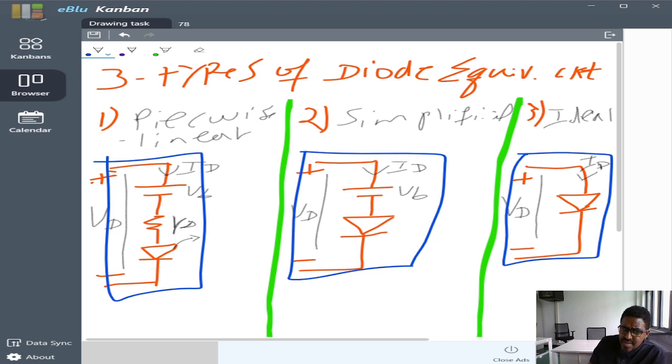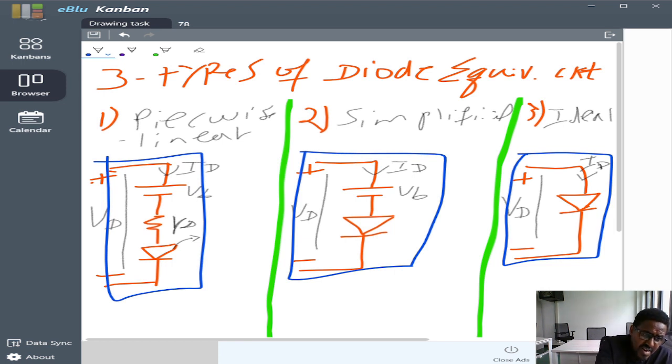So we must define simplified equivalent circuits like piecewise, simplified or ideal. We replace the device with the simple equivalent circuit, and then we can also use traditional circuit analysis.